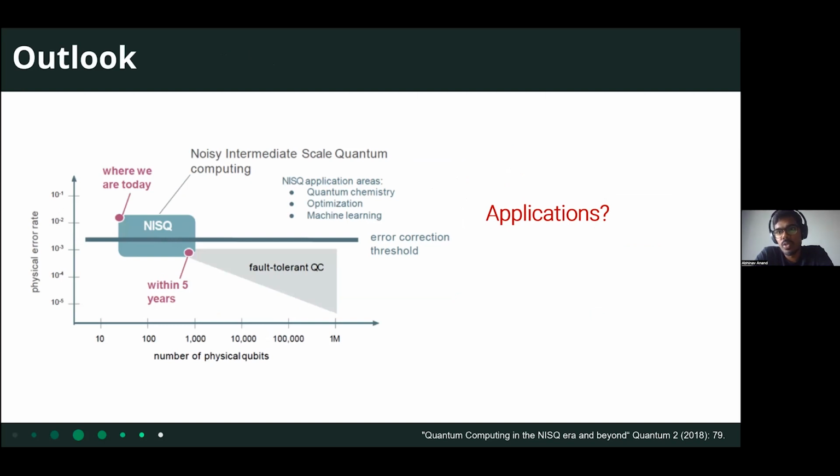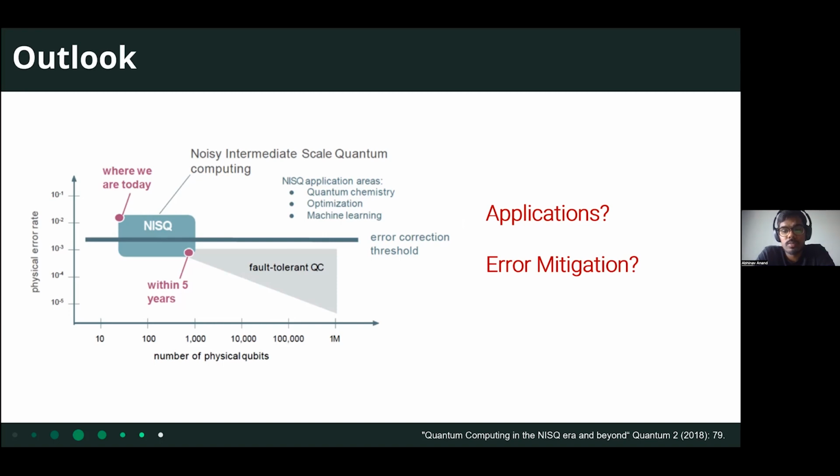Right now, we are very focused on chemistry and machine learning, but maybe there are other applications that one can use quantum computers to solve. As I said, noise is a big problem, and we cannot do anything until we address that.